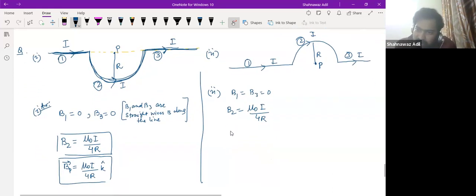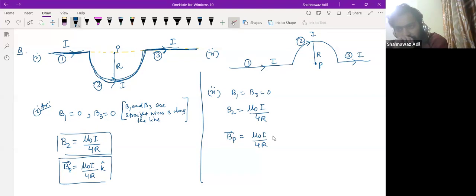And can you tell me what would be the vector? What is the direction that you get? Inwards or outwards? Sir, outwards. If you curl your fingers in the direction of the semicircular wire current, what is the direction you are getting?